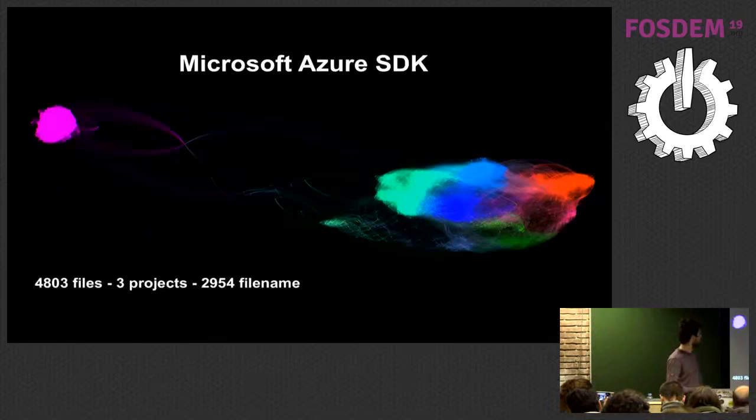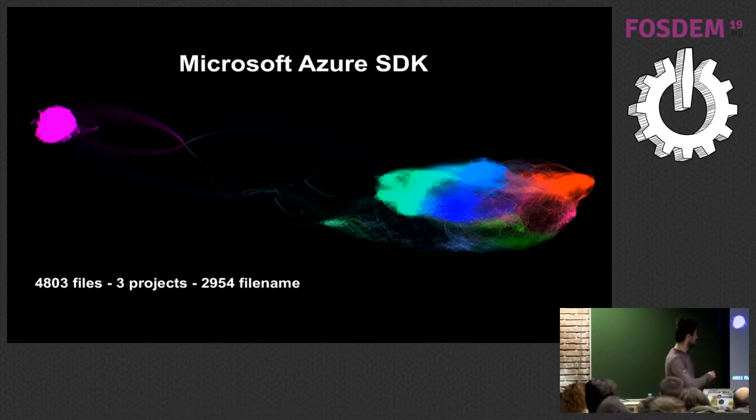So this is the final example I'm going to talk about. This was a pretty interesting one because it was one of the larger connected components I found. Although the files in this stem from 3 projects, only 25 files came from 2 projects, and all of the others, 4,775 files, came from one project.